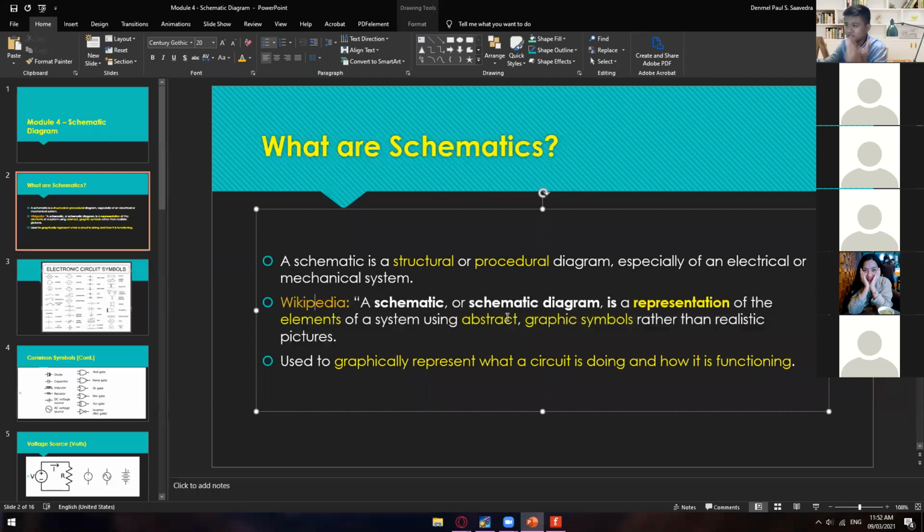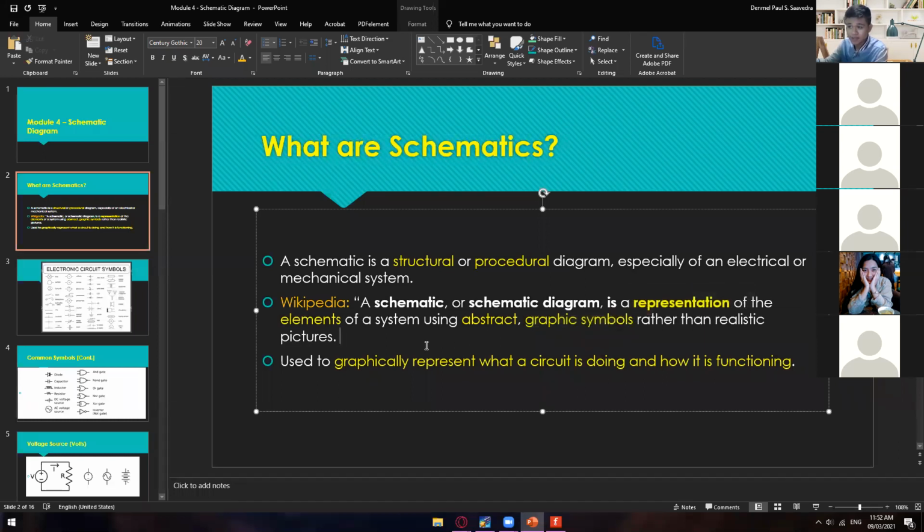So a schematic or schematic diagram is a representation of elements. This one is much more general, so I like this definition, and that's why I included the definition from Wikipedia. Elements could represent anything. It could be abstract, and could be graphic symbols rather than realistic pictures.